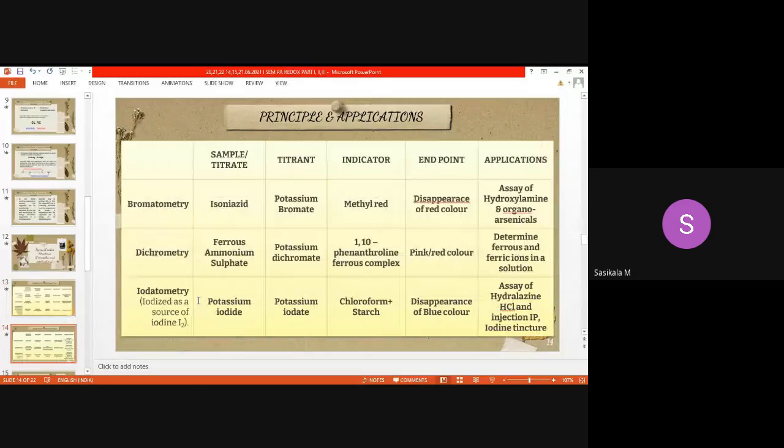Now let's move on to the 4th category, that is bromatometry, where bromate is used. What type of bromate? Potassium bromate, KBrO3.